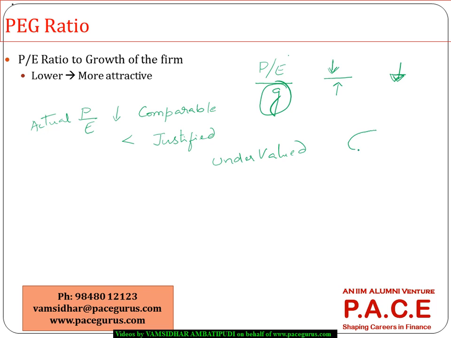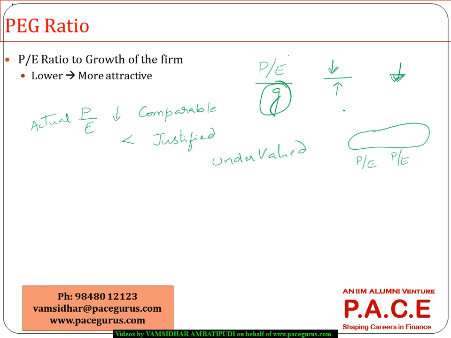I take a list of comparable firms, I take the P by E of each of those comparable firms, perform some arithmetic on that, in terms of mean, median, some descriptive statistics, and finally say that this is the justified P by E for this kind of company. So I'll compare the actual P by E with the justified P by E. Anything lesser results in an undervaluation. Anything higher may result in an overvaluation.